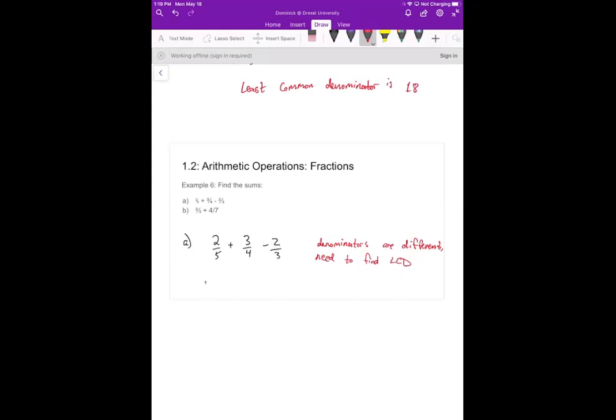So in this case, the least common denominator is 60, right? So now the next step is I need to convert all of these fractions so that they all have a denominator of 60.